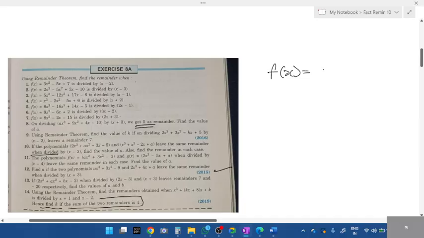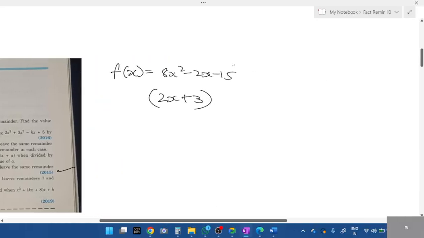I'll solve only one question: 8x square minus 2x minus 15 is divided by 2x plus 3. This is the dividend, students, and this is the divisor.